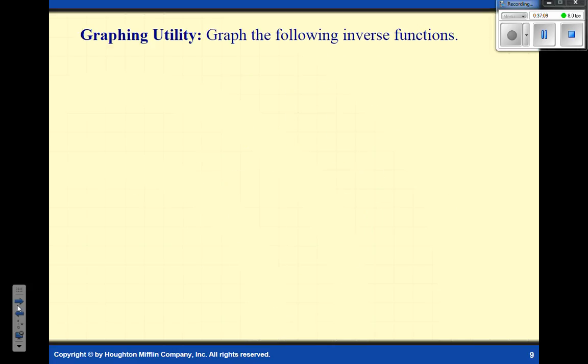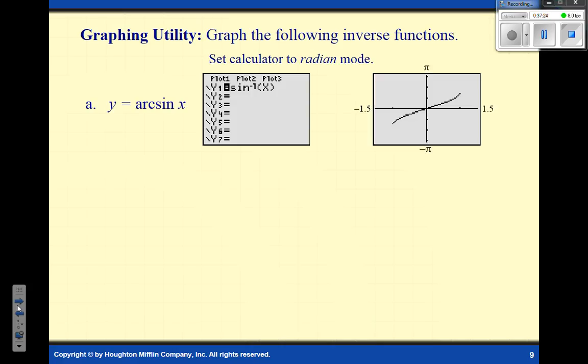Okay? All right. So now we're going to do what Kamal was talking about. I just want to show you what they look like in your graphing calculator. So if you set your calculator to radian mode, and go to y equals and put in inverse sine. Now a little trick: if you'll hit zoom 7 before you graph, it'll automatically graph it and adjust the window for you.